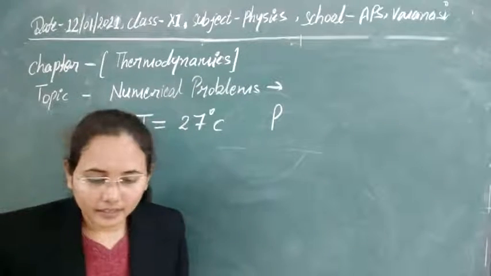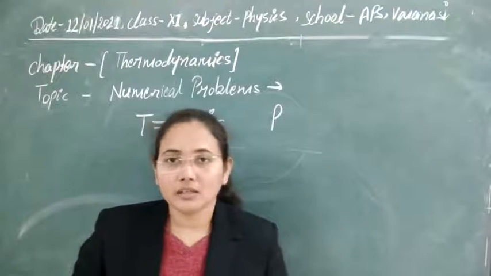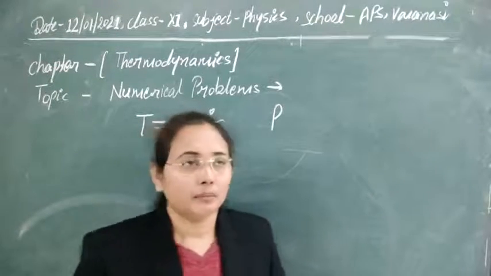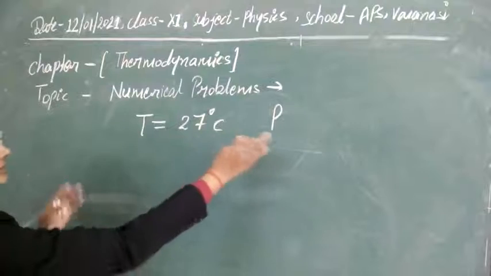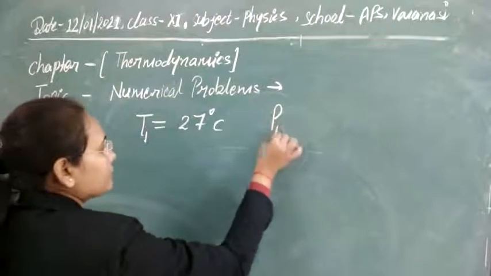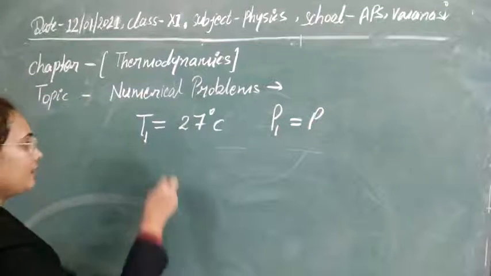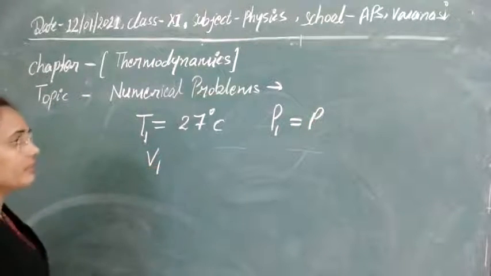Next, the air is compressed to half of its volume. This is the initial temperature and pressure; you can write it as T1, and suppose P1 is equal to P, that is atmospheric pressure, and volume V1.